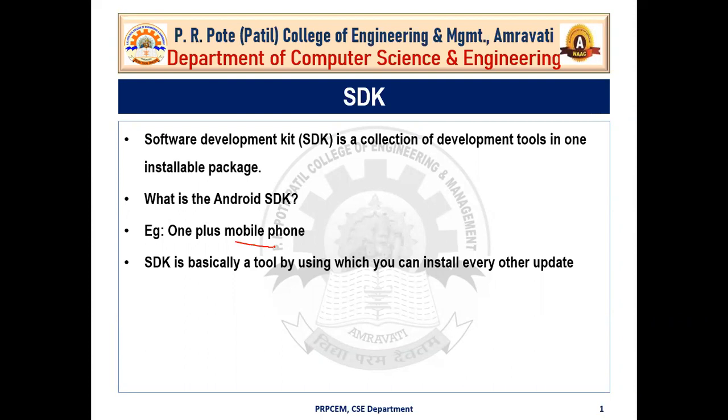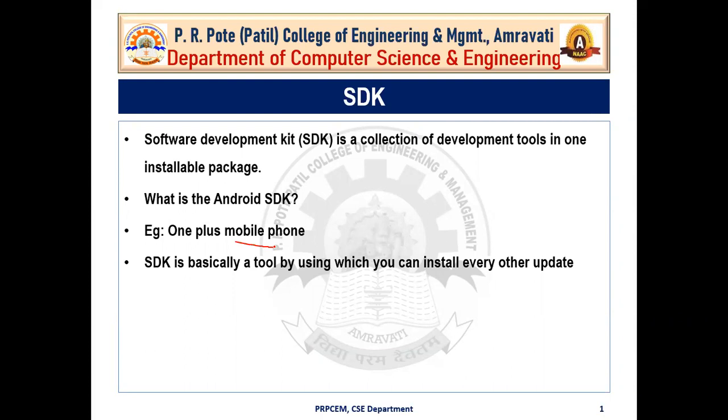When OnePlus releases a new version of Android, say every other device is working on Android 9. Once it updates to 10, every other system will be updated. Now, OnePlus 7 has Android 10 in it.